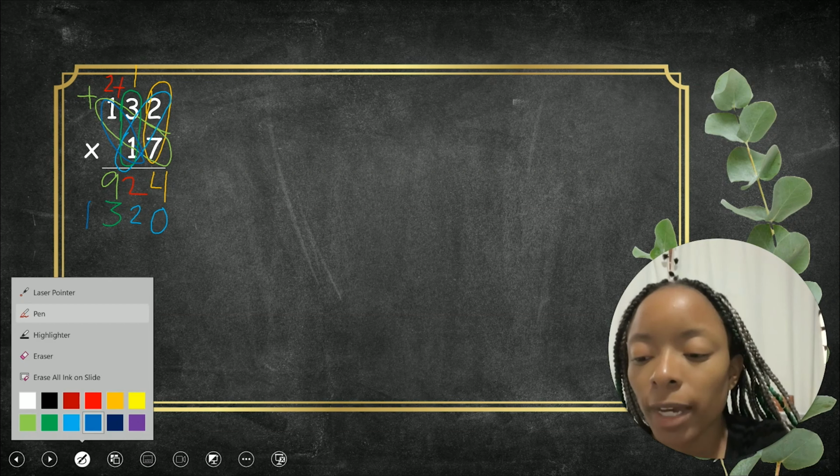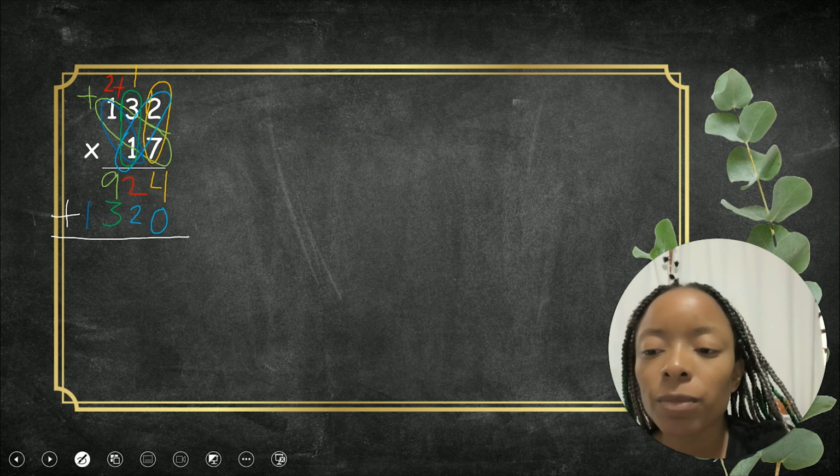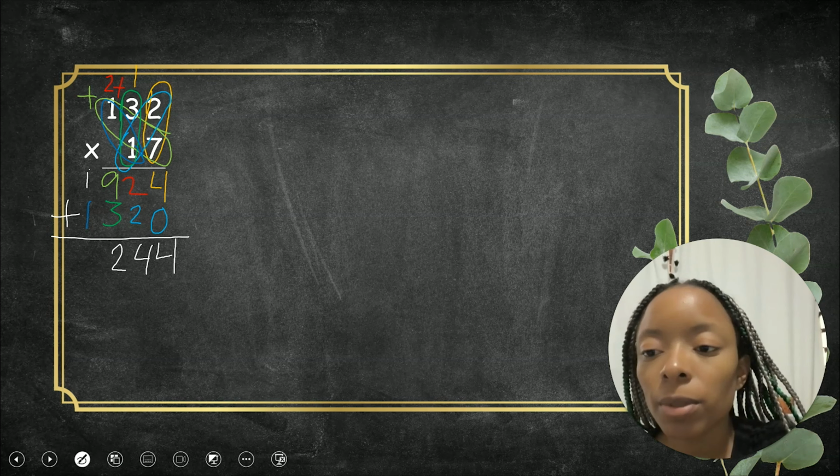Finally, we want to add all these numbers together. 4 plus 0 is 4. 2 plus 2 is 4. 9 plus 3 is 12. Remember to regroup. 1 plus 1 is 2.